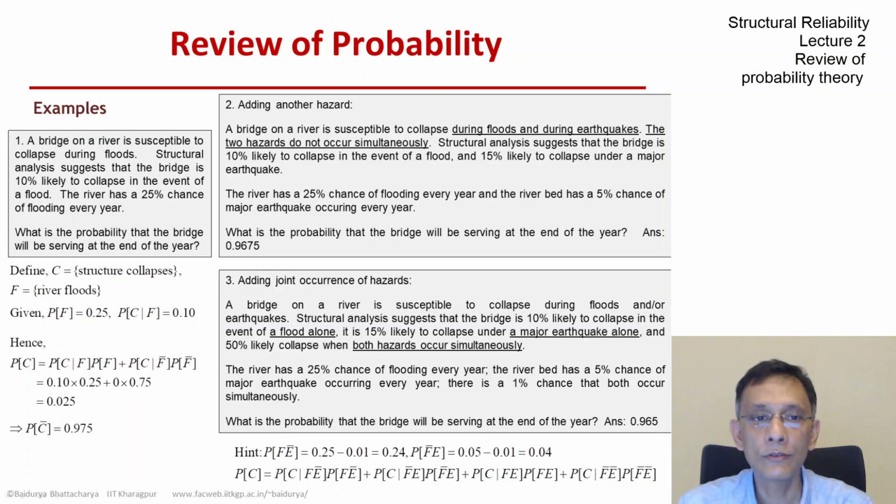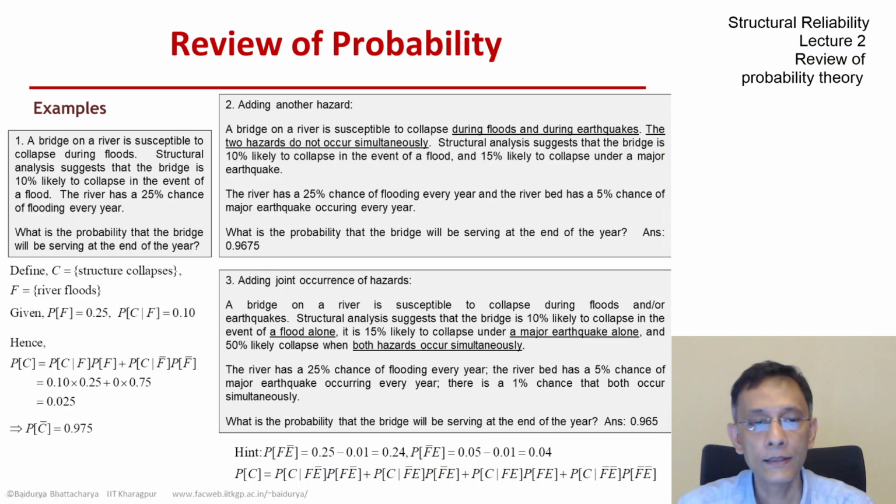My interpretation of this problem would be that P of F is 0.25, but it includes the case where F occurs alone and F occurs with earthquake. So P of F E bar in my interpretation would be 0.24. Likewise, P of F bar E would be 0.05 minus 0.01, so that would be 0.04.